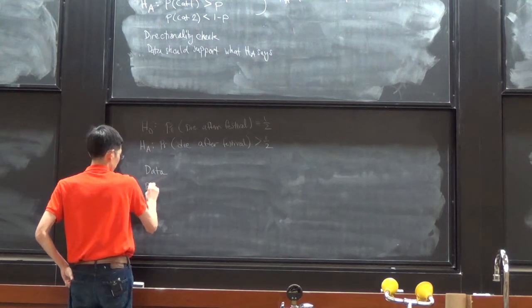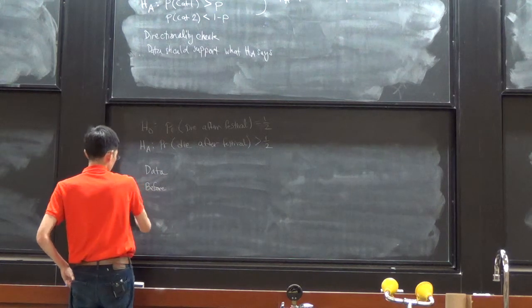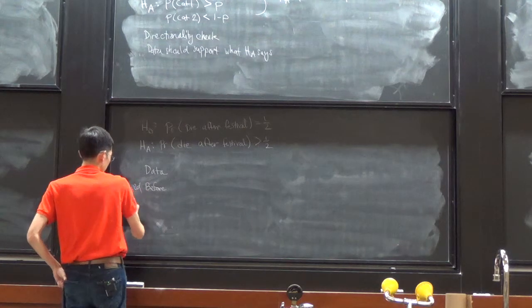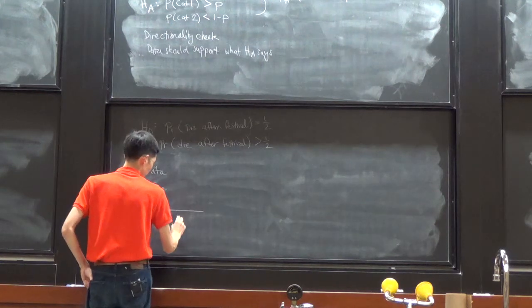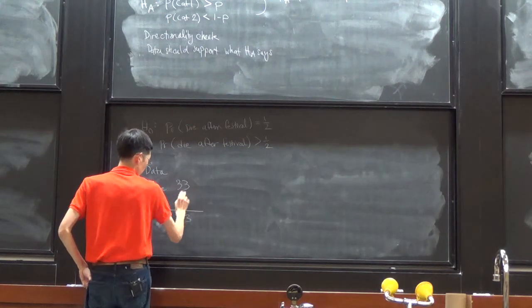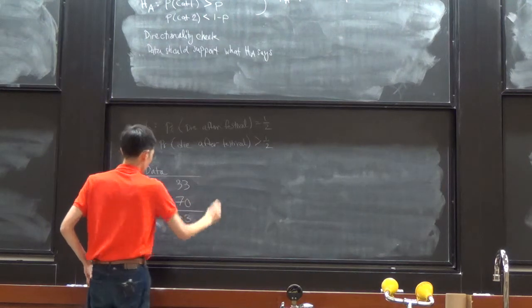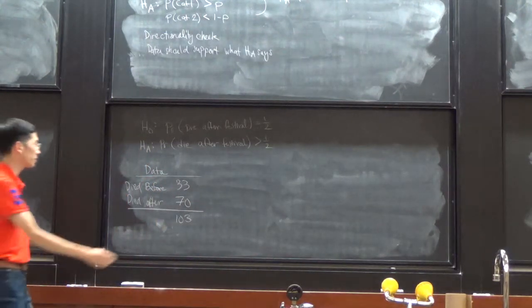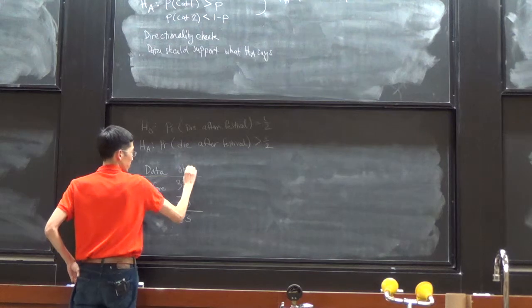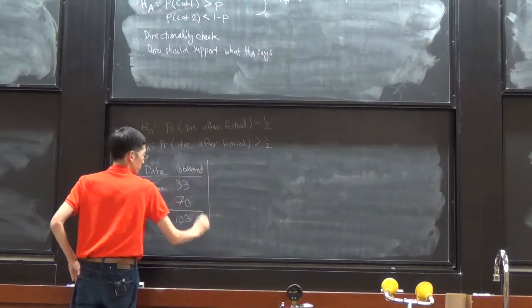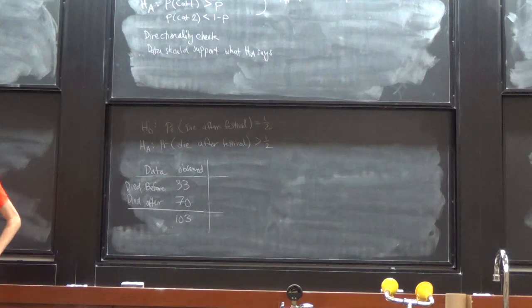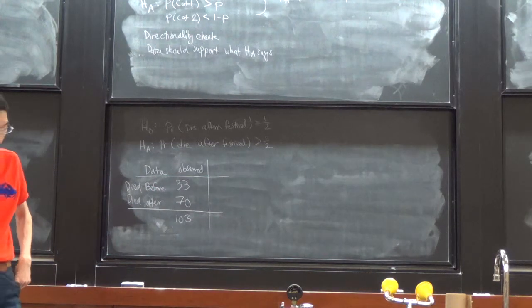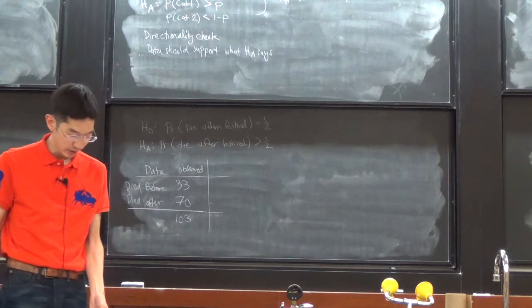Died before and died after. So this is what we observed. We saw 33 had died before, and 70 had died after.